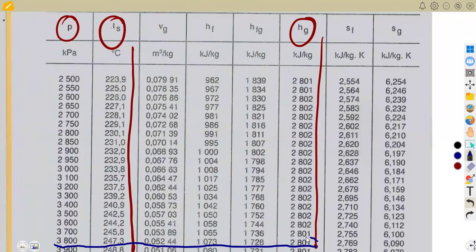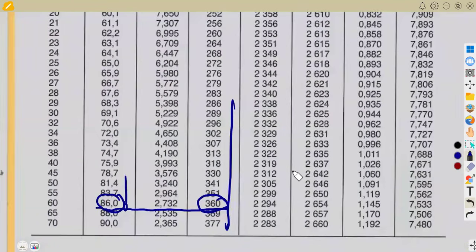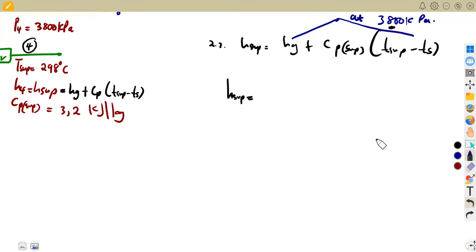All right. So this is our Hg and this is our Ts at this pressure of 3,800. This is our Ts. This is our Hg. So let us substitute this into our formula and find H soup.